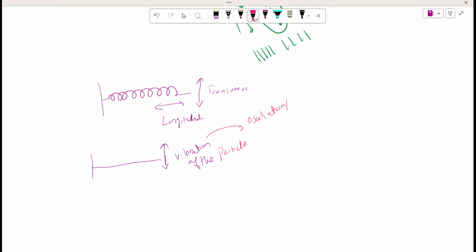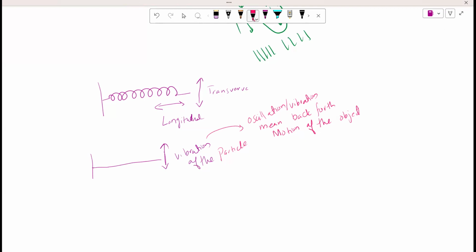Oscillation or vibration means back and forth motion of the object. Am I clear about vibration and oscillation and transverse and longitudinal?